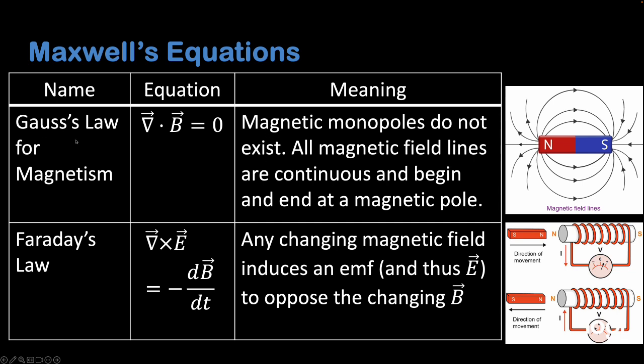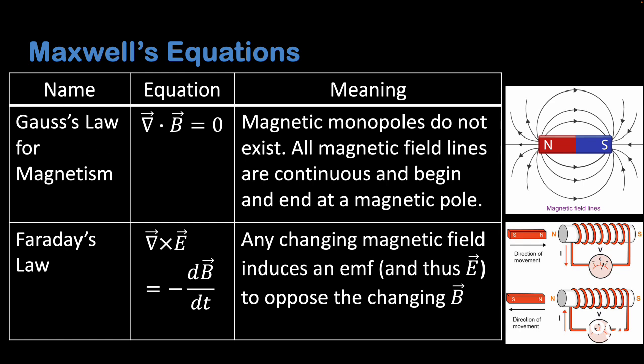That's part of this second equation, and that all of the field lines come out of a north and go into a south, and they do so in a continuous fashion. They don't just go out and stop. They always come back to the South Pole if they leave from the North Pole. That's the second equation here, called Gauss's law for magnetism.